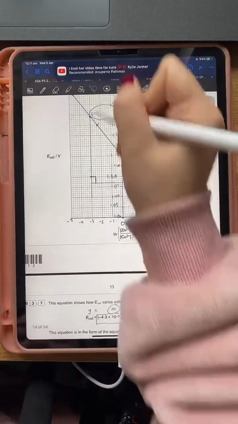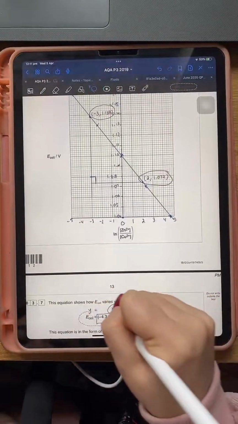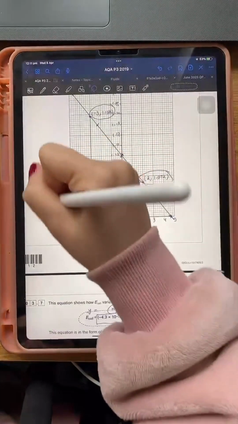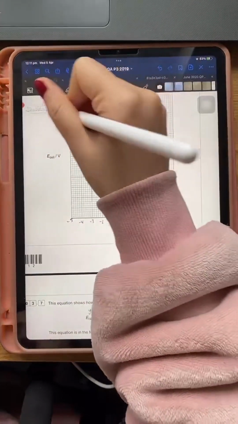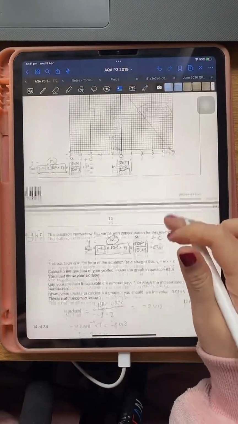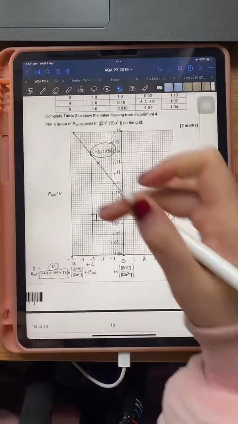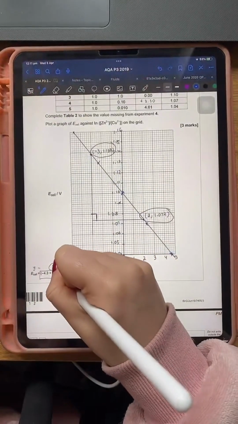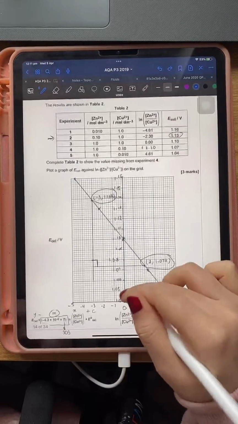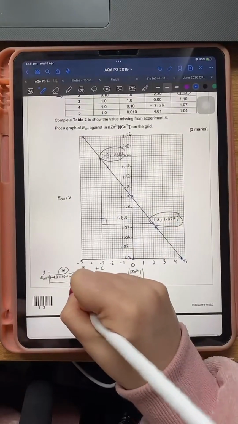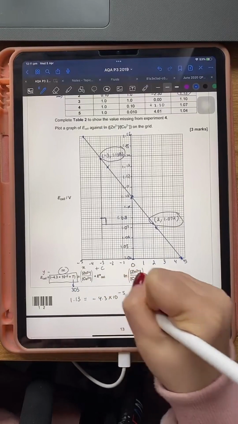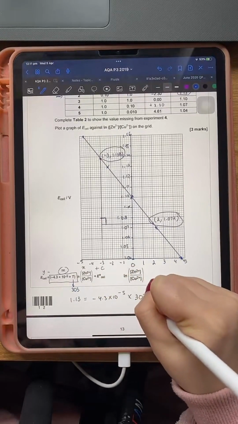I'm going to put it here so it's easy to go through. Okay, we also know the temperature, which I said was 303, so we're going to use that. So the E cell of experiment 2 is 1.13, so 1.13 equals minus 4.3 times 10 to the minus 5 times 303 times the value of that, which is minus 2.3.